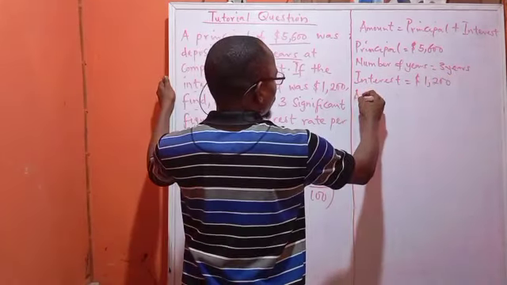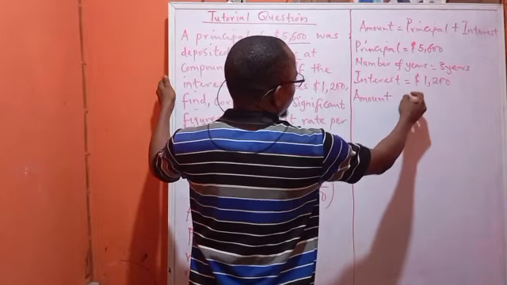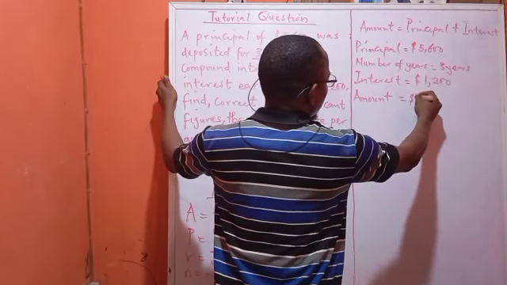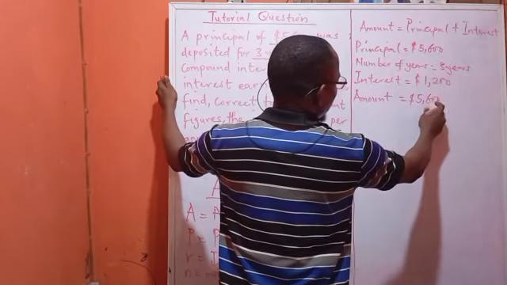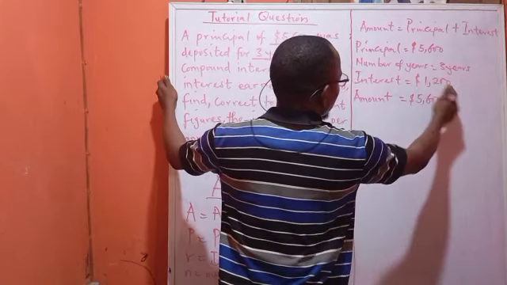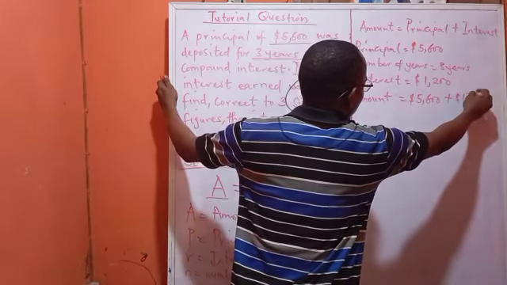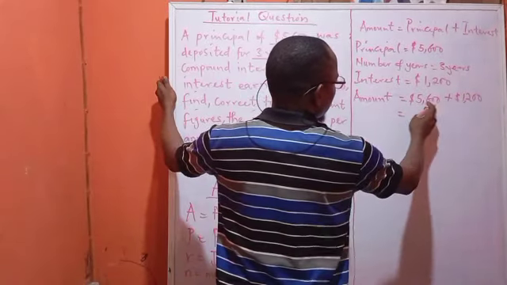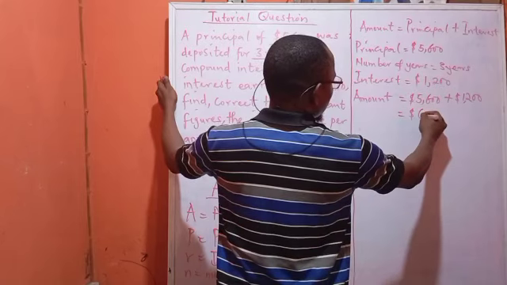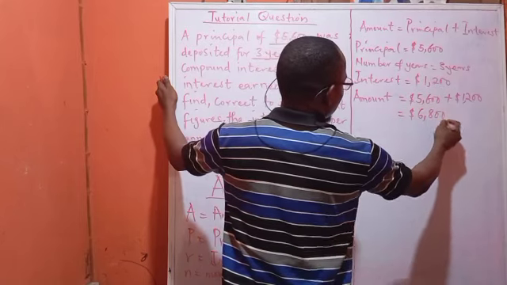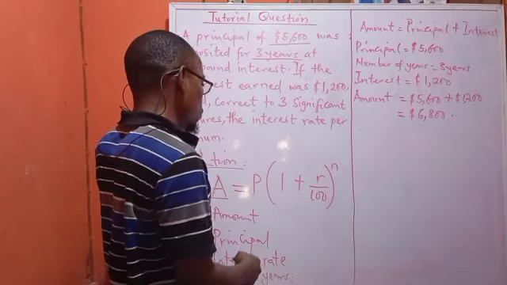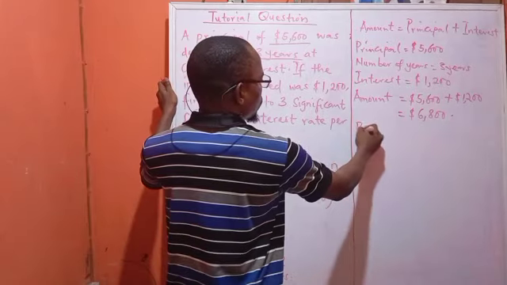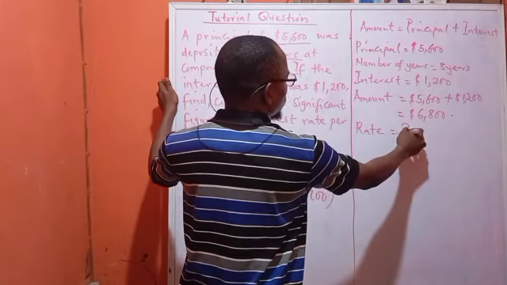So the amount will be the principal, $5,600, plus the interest, $1,200. When you add these together, that gives us $6,800. So our rate is what we are looking for.